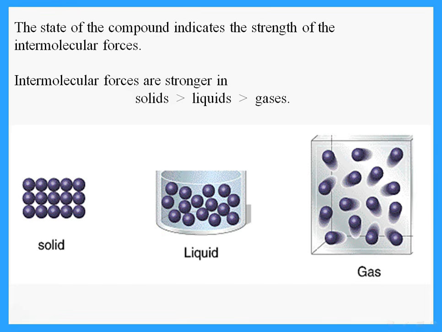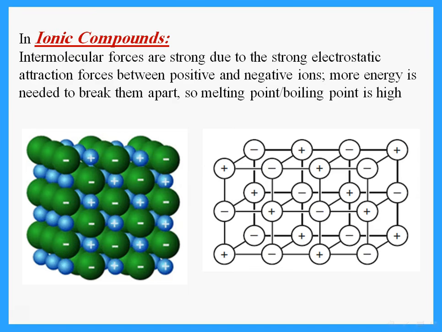So solids have stronger intermolecular forces than a liquid, because we said in the liquid, the particles are only slightly near to each other. Now gases, we said the particles are very far apart. This means that the attraction forces between them are actually weak. So gases have weaker intermolecular forces between the molecules than liquids, than solids.